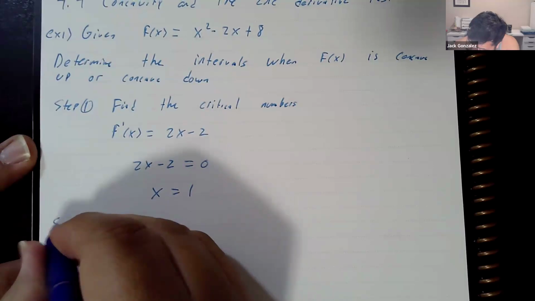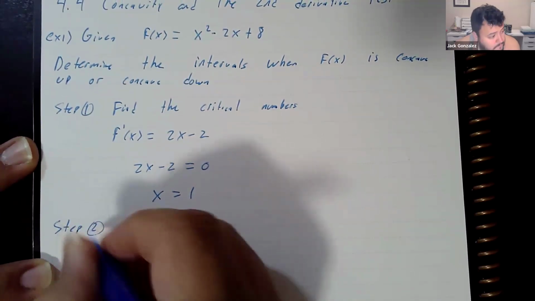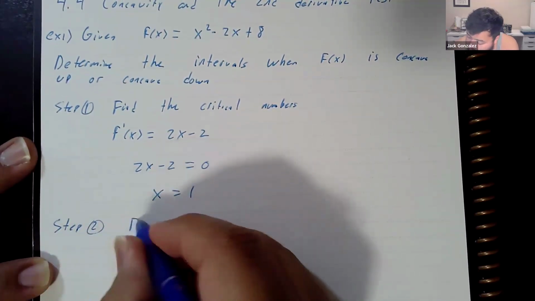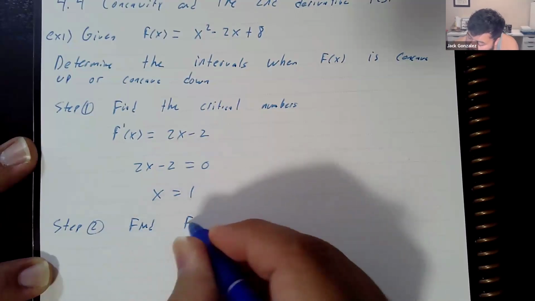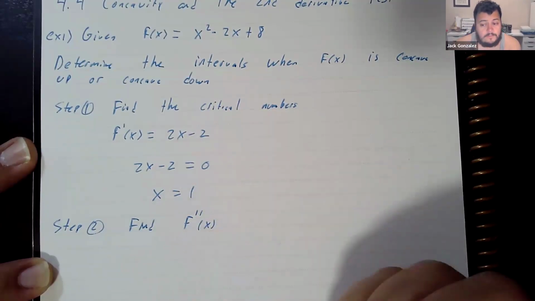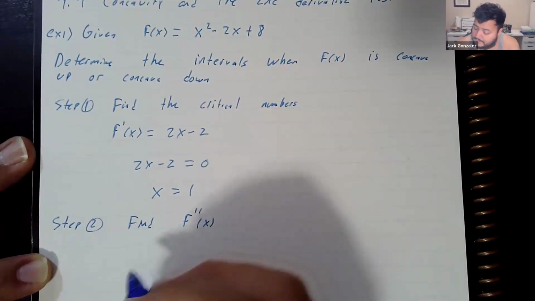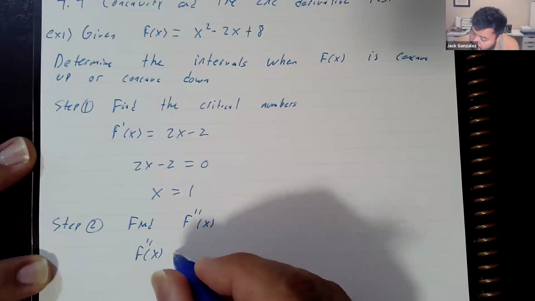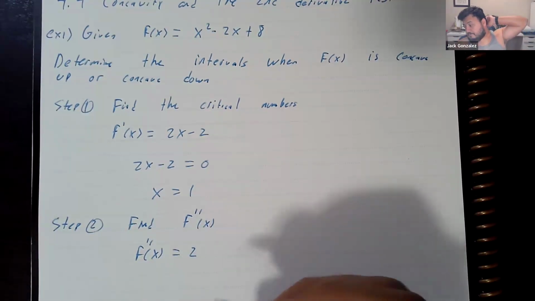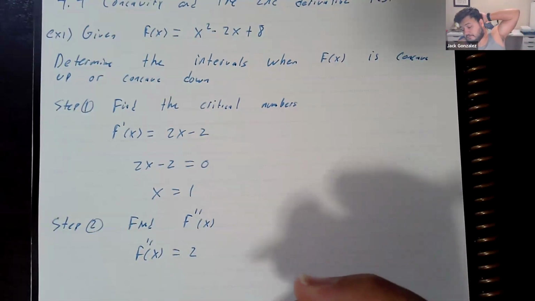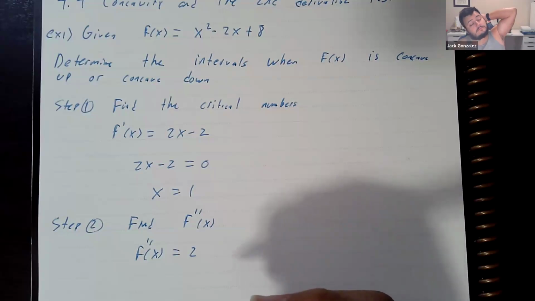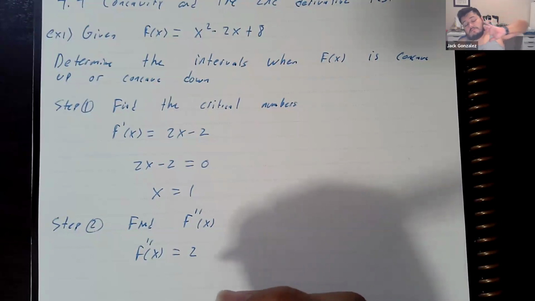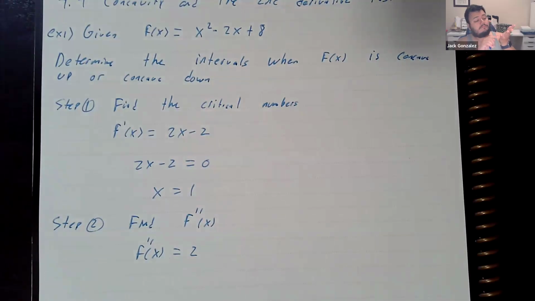Step two, we're going to need the second derivative. So find f double prime. So double prime would simply be... okay.